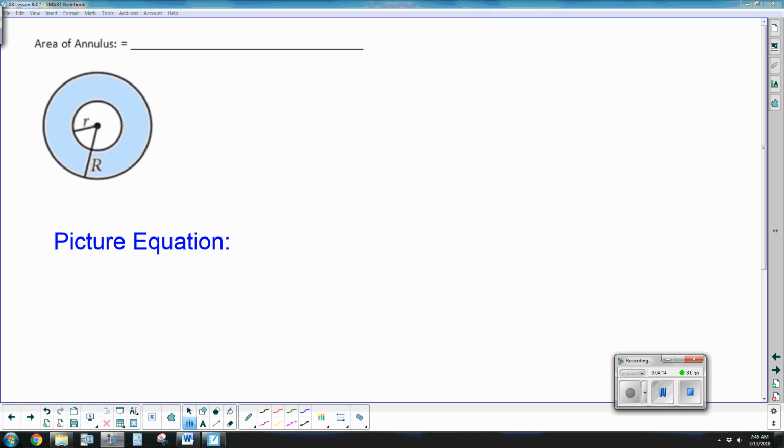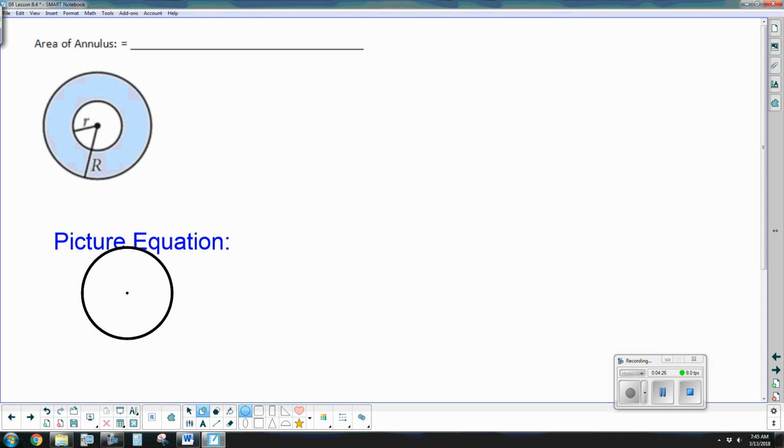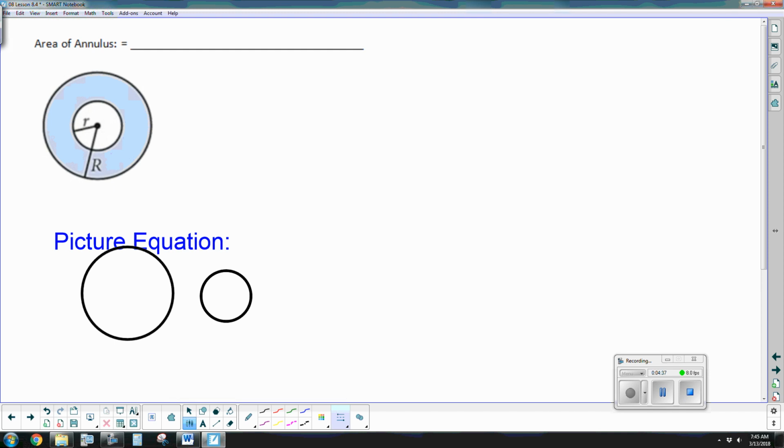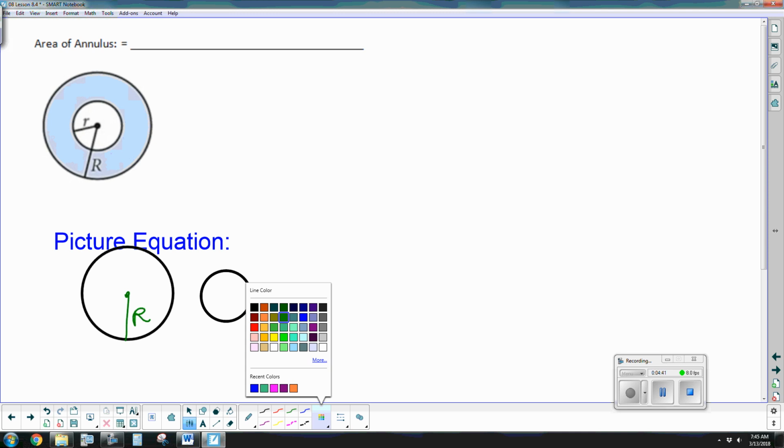So now let's look at the area of this annulus. If you're estimating the area of this annulus, you want to think of this as 2 separate circles. So here's our first circle, our large circle, and then here's our smaller circle. Our large circle has a radius of capital R, and our small circle has a radius of lowercase r.